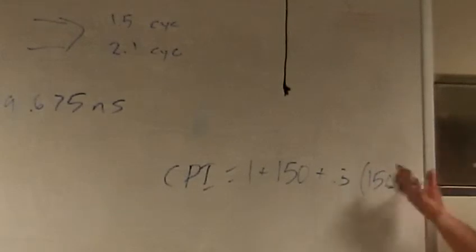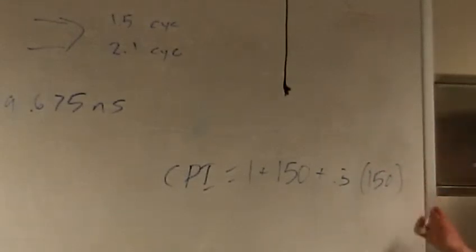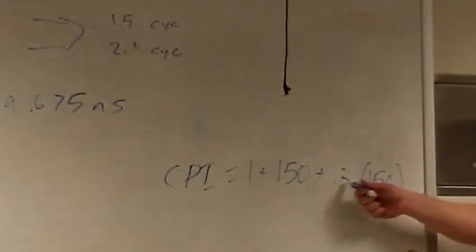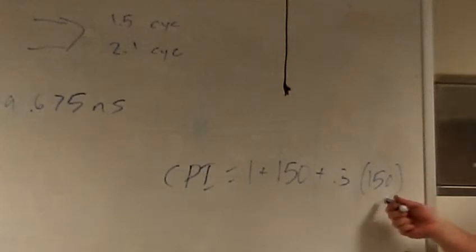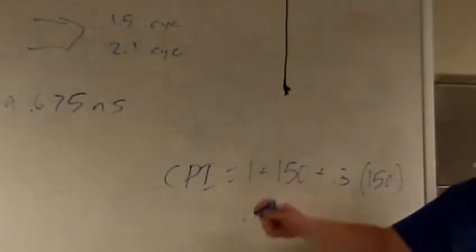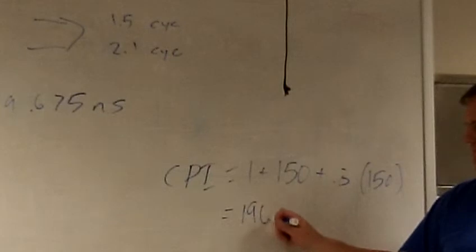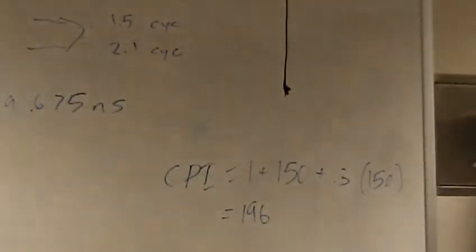On the bright side, you don't have to pay for the dirty. It's right there, no delays, right to RAM. That's awesome, right? So 0.3 times 150 is 45, so 195, 196. Look at that blazing access, right?